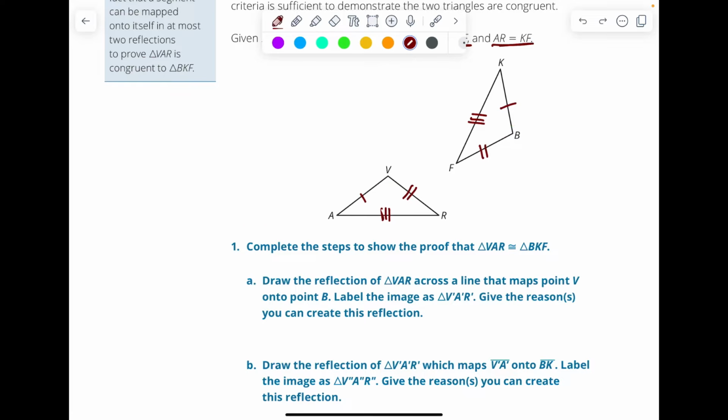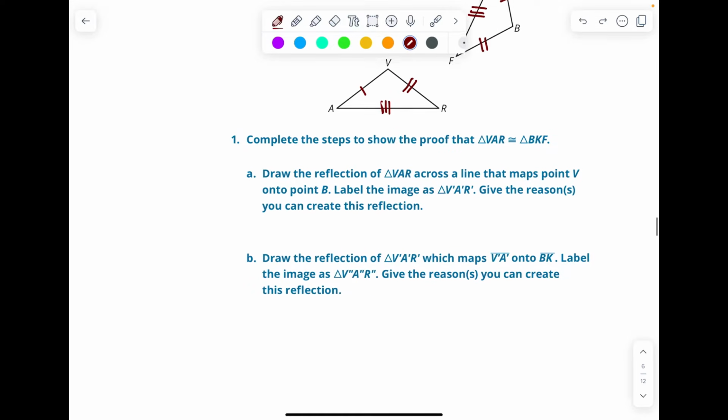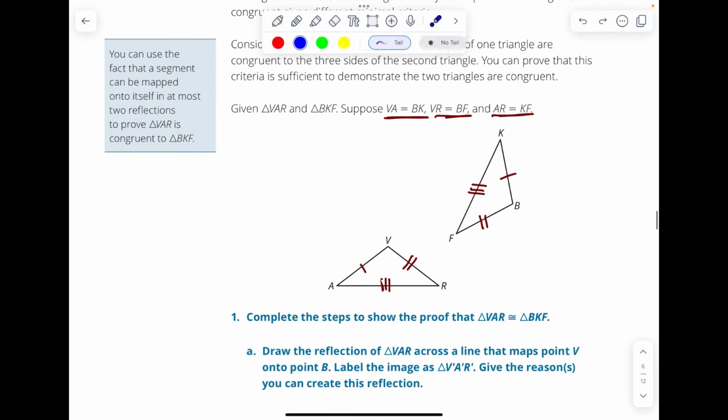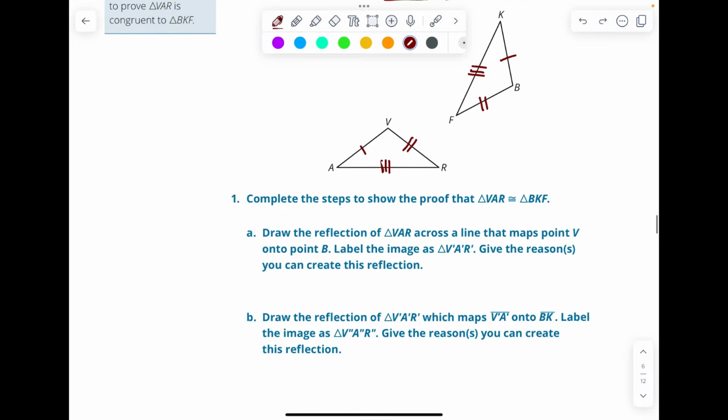And if that's the case, then the triangles are congruent to each other, okay? So side, side, side is just saying if you have three pairs of corresponding congruent sides between two triangles, then the triangles themselves are congruent. The angles will also be congruent if that is the case.